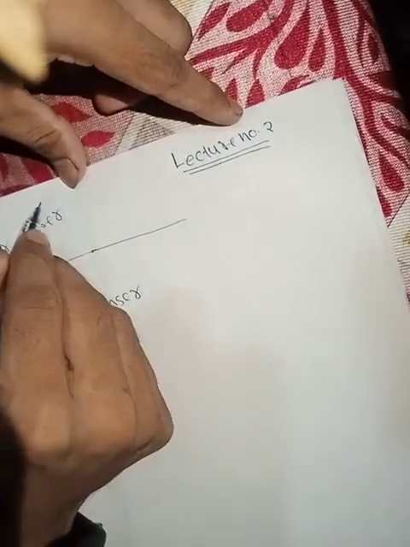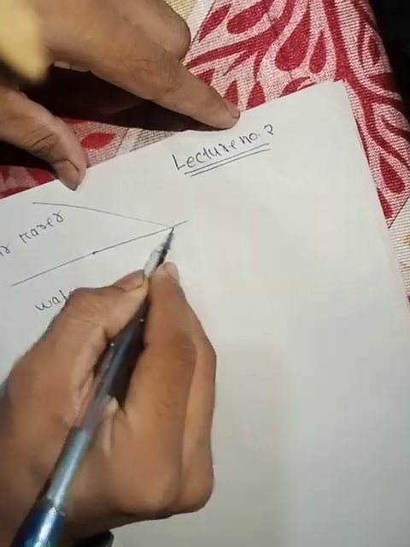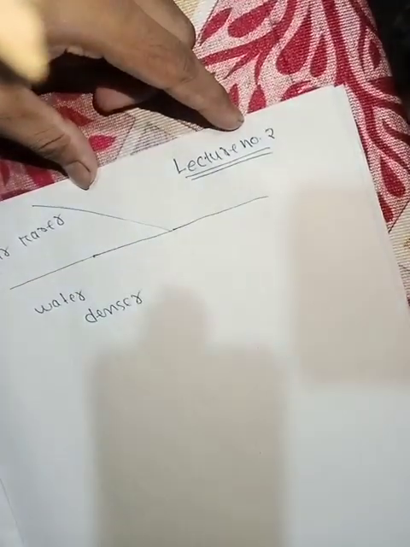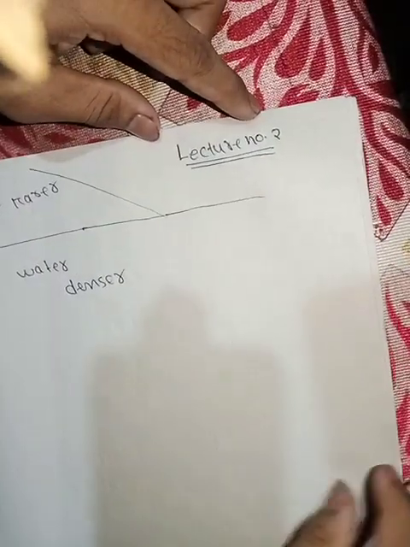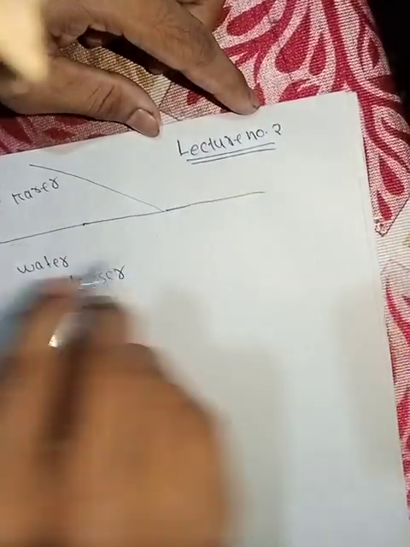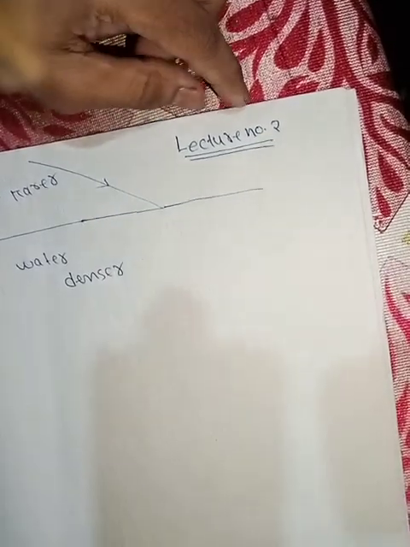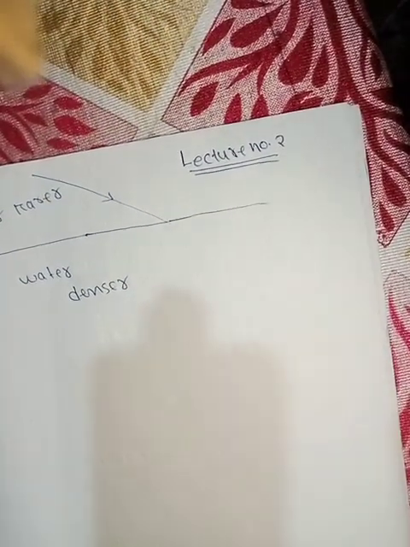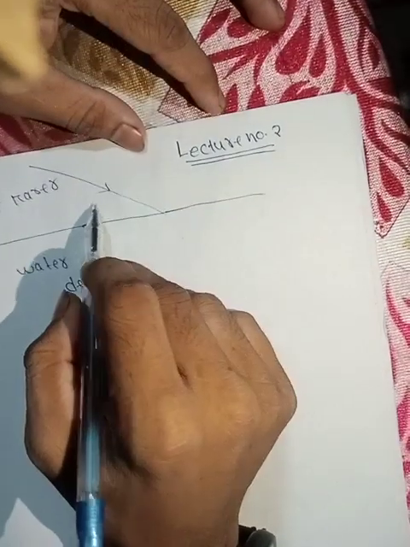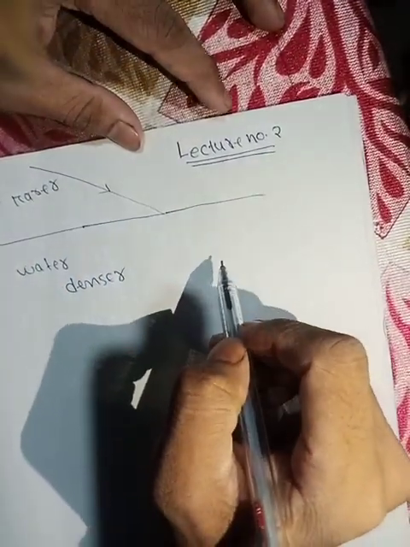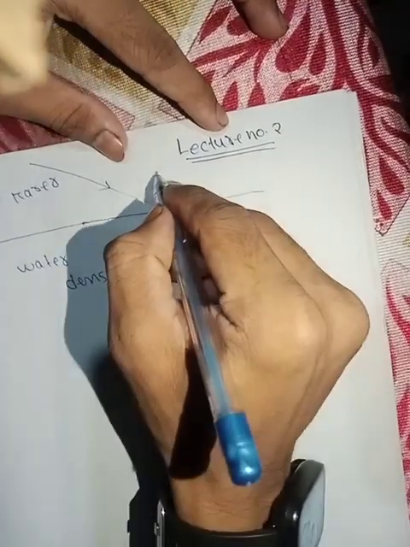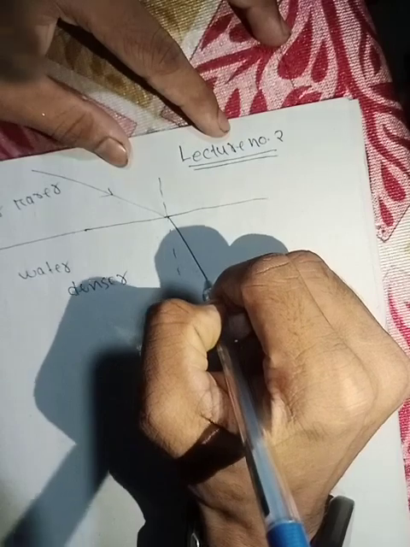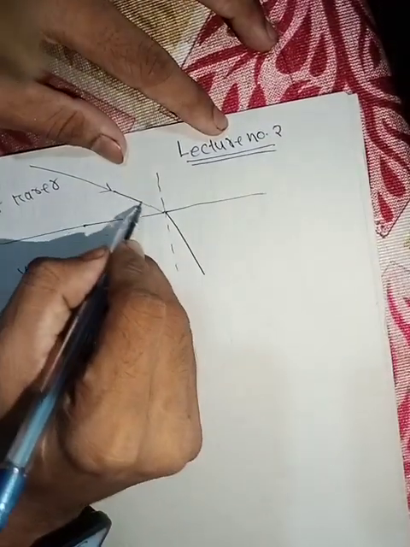Let's say the light ray comes from the source. Light rays have the property of refraction. When light rays come from the rarer medium to the denser medium, they go close to the normal; they slightly bend towards the normal.